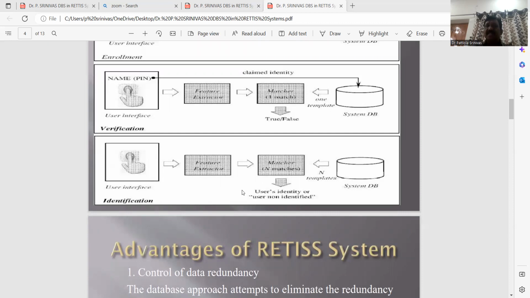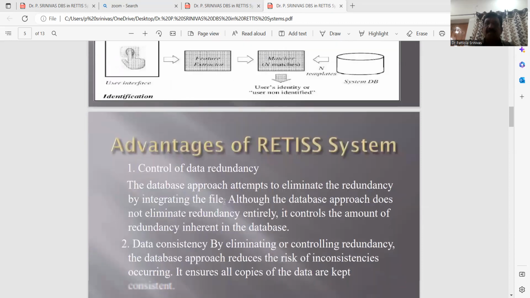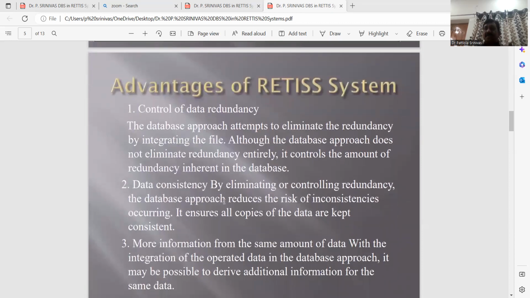Once you enter the correct user ID, the PIN number is automatically generated, and you can access it as a user. This type of process is called identification in the RTS system.